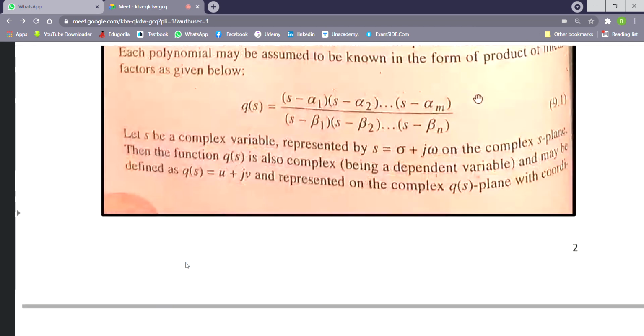Just refer to this equation. The alpha i's are the zeros of this Q(S), which is any arbitrary function of S, and the beta j's are the poles of this Q(S).